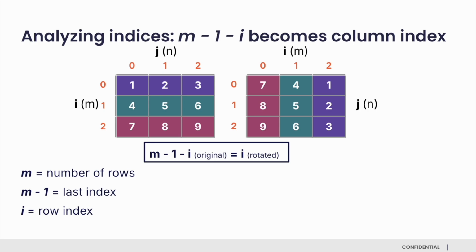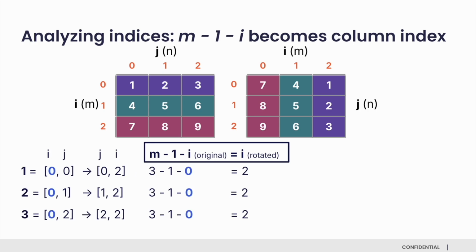Let's see that written out in the element positions. So as I just discussed, numbers 1, 2, and 3 all begin in index 0 for I. And when you apply this formula, m minus 1, so 3 rows minus 1 equals 2, minus 0 equals 2, that's where the new column index is derived from.